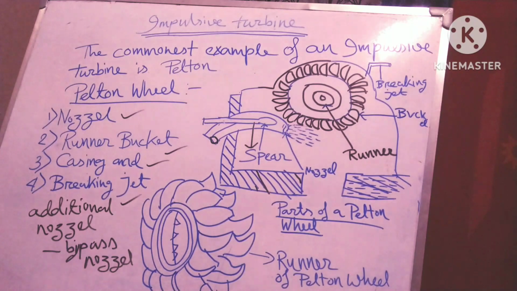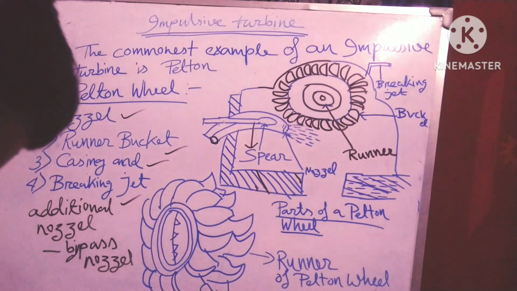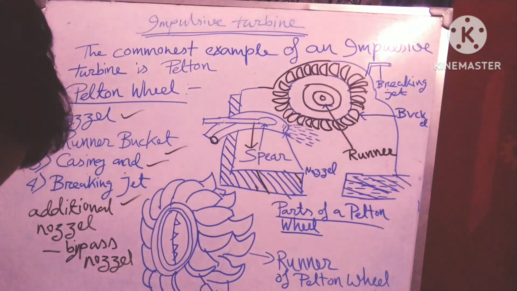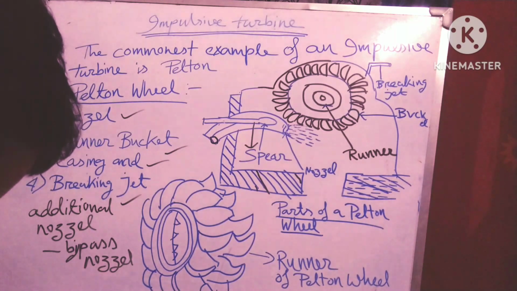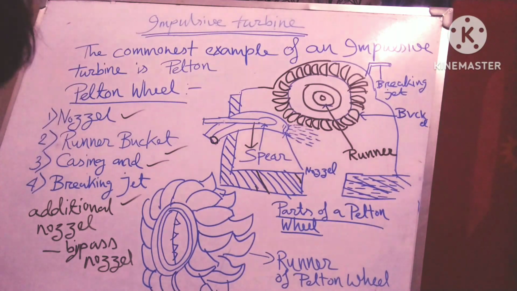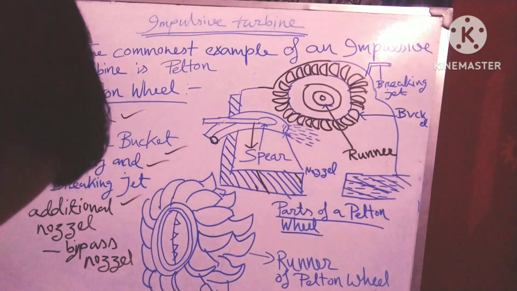Sometimes a plate is provided to the nozzle, which is used to deflect the water jet and prevent it from striking the buckets. The nozzle is kept very close to the buckets in order to minimize the losses due to windage.